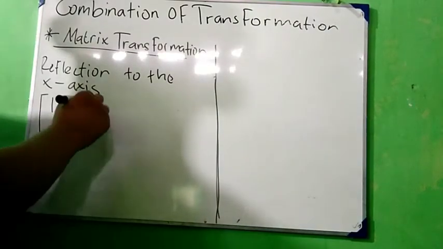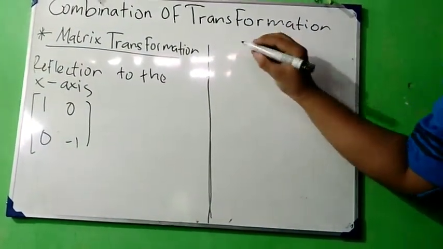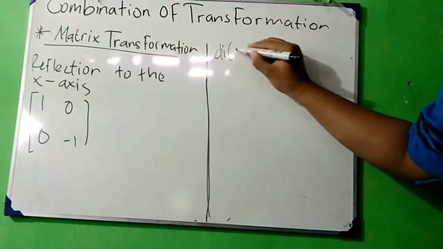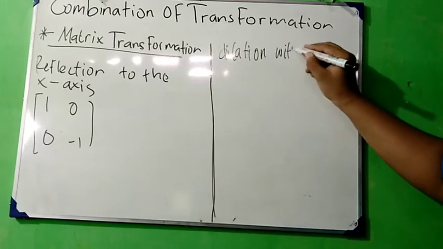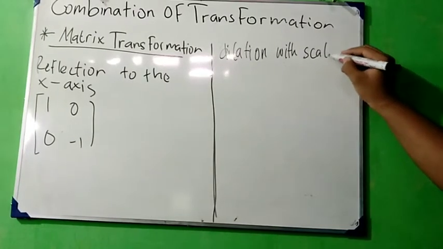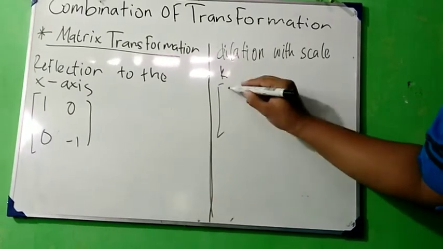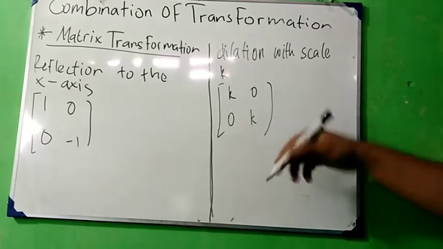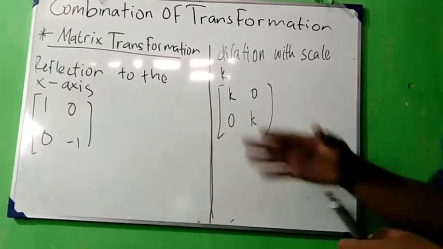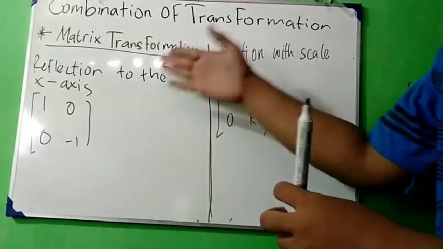Or dilation with scale k, so the matrix will be k, 0, 0, k. Right?